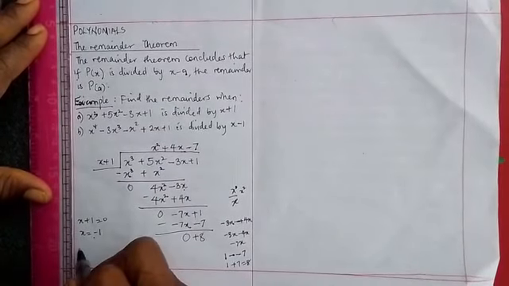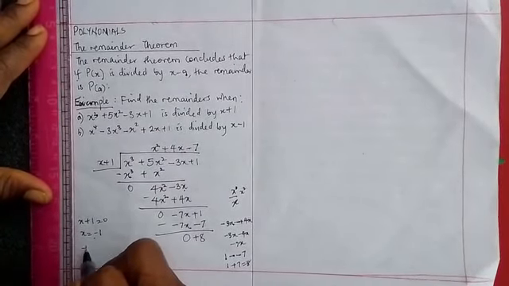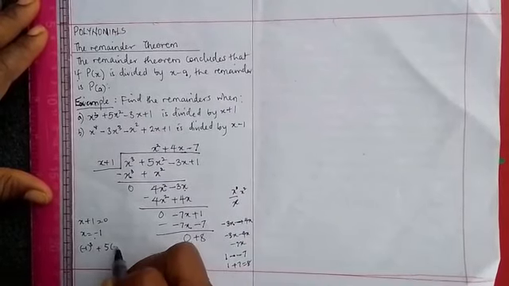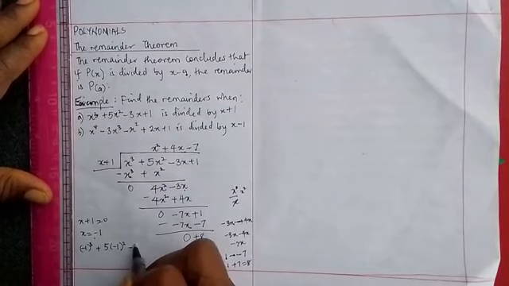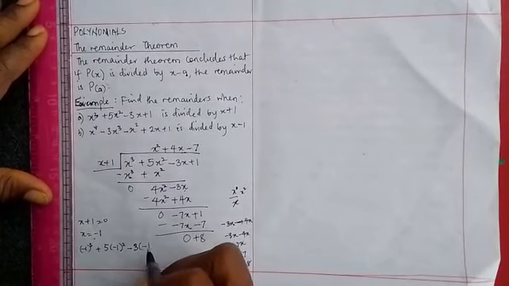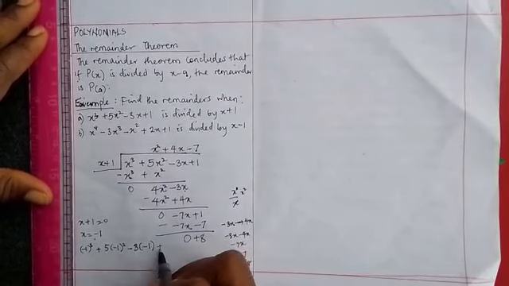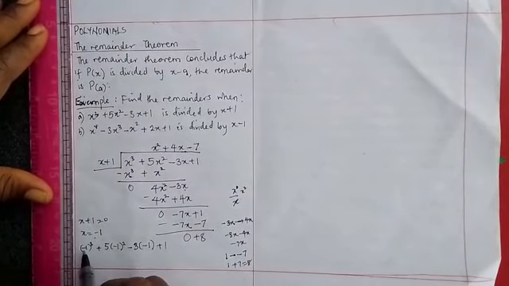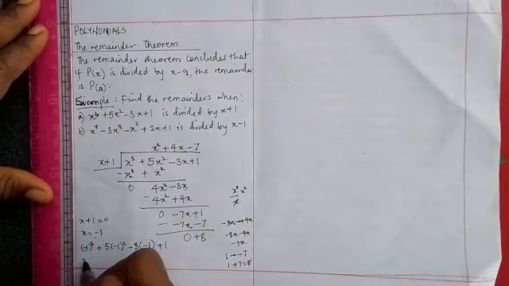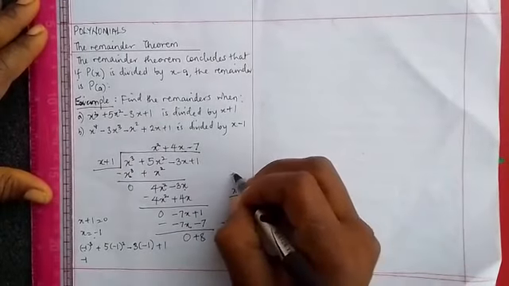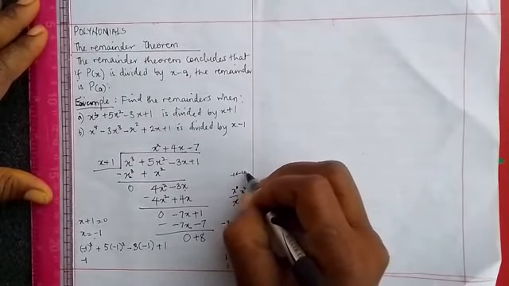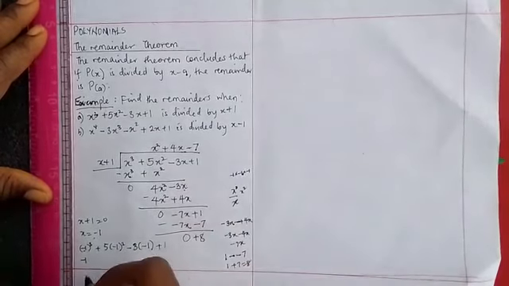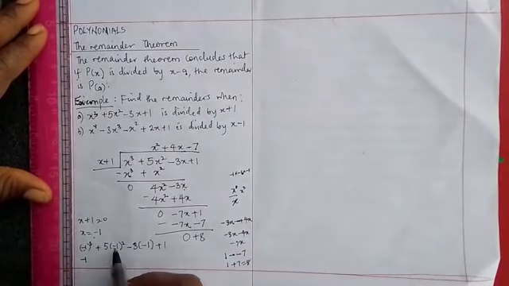So we have x cubed, which is minus 1 raised to the power of 3, plus 5 times minus 1 raised to the power of 2, minus 3 times minus 1, plus 1. Minus 1 raised to the power of 3 is minus 1, because minus 1 times minus 1 is 1, and 1 times minus 1 is minus 1.